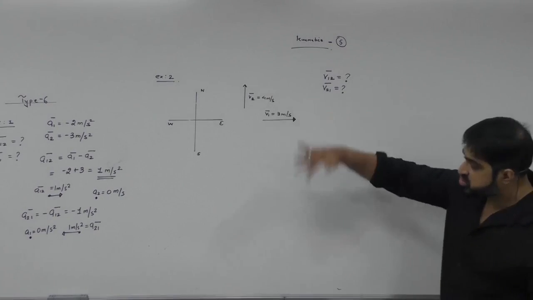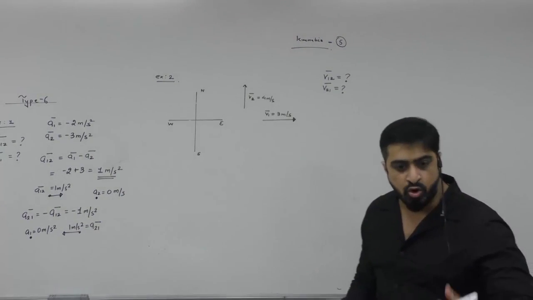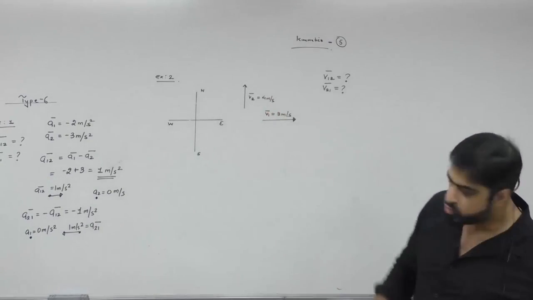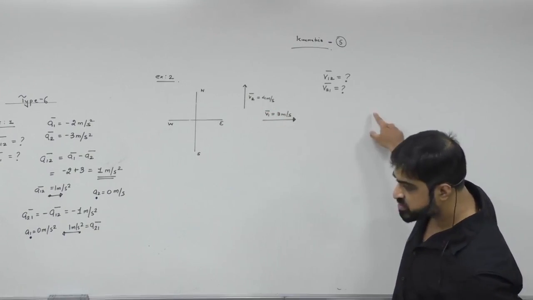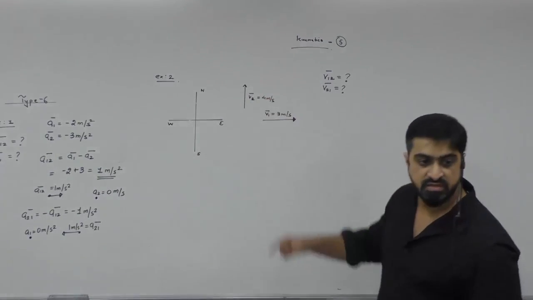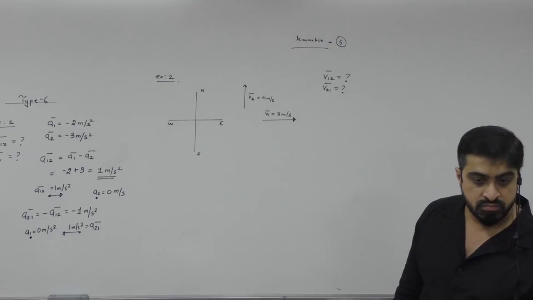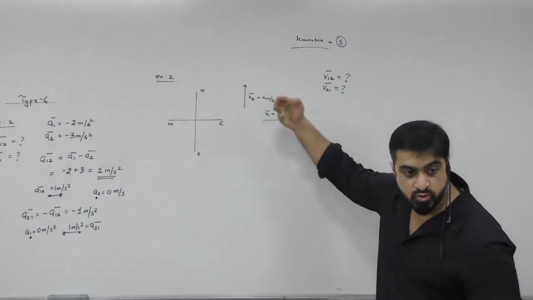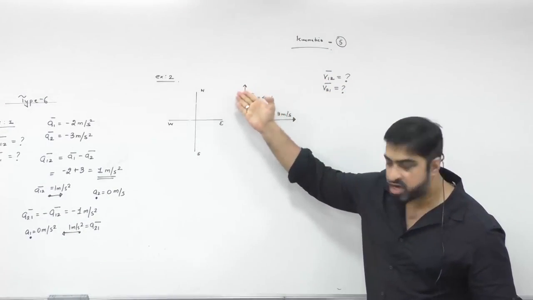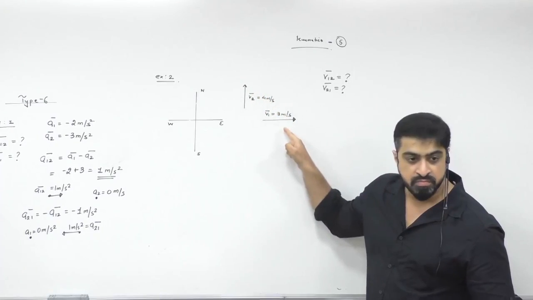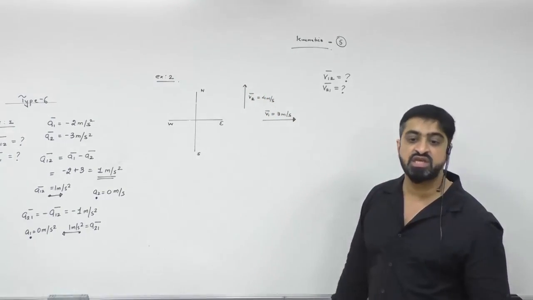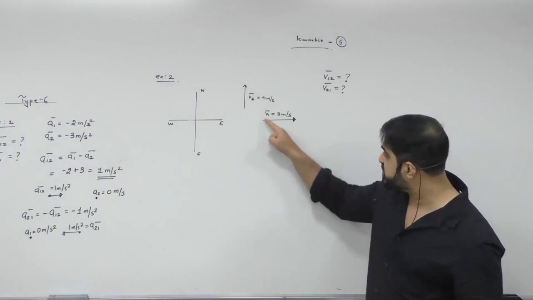Now this was by an observer who is observing from outside the frame. You are looking, one car is going this way, the other car is going that way. But they are telling you, what is the velocity of 1 with respect to 2? When a person inside this car looks at him, will he appear to go this way? No. He will appear to be going somewhere this way.